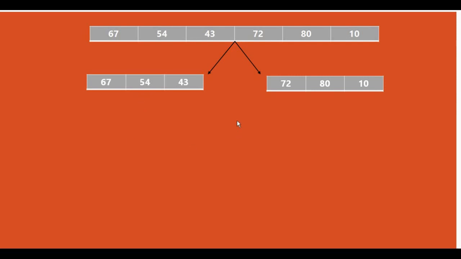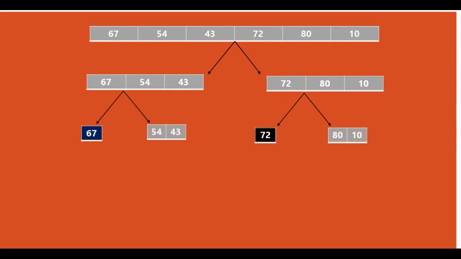So let us do it. We have again subdivided the generated array of 3 numbers into 2 more sub-arrays, one with only 1 element and another with 2 elements. Now look at this step very carefully.